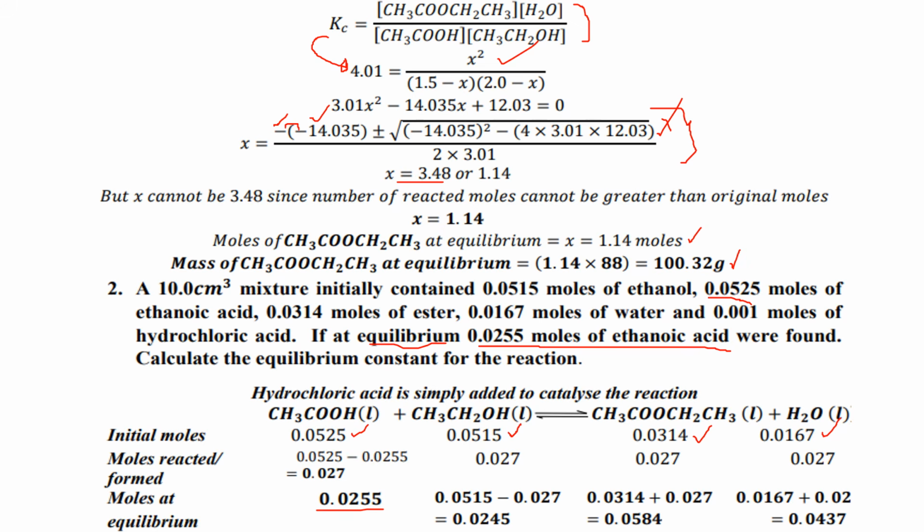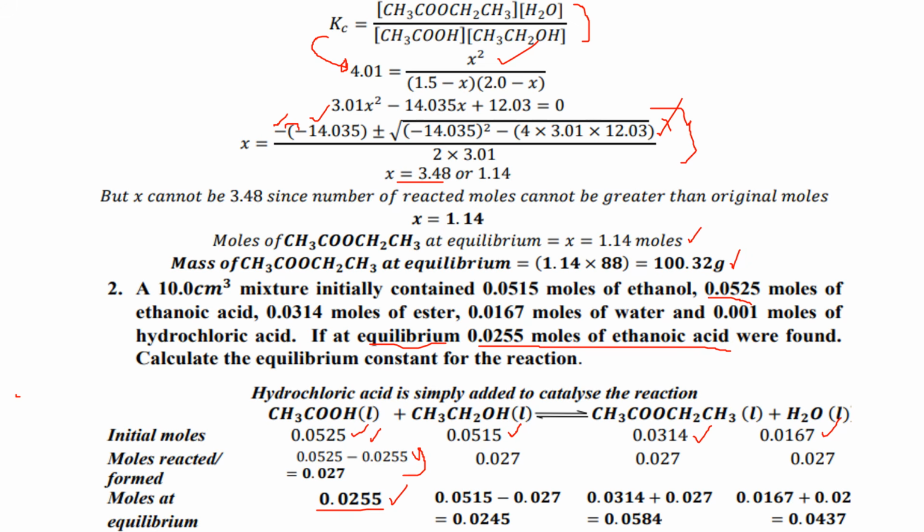Like I told you, how are you going to get the number of moles that reacted? Remember, you only need one value. Initially this substance wasn't present, so let me call it y. And we only had this one and this one, which were given in the question. So how can we get the number of moles reacted?